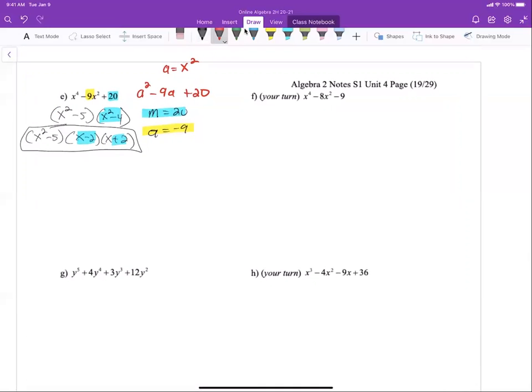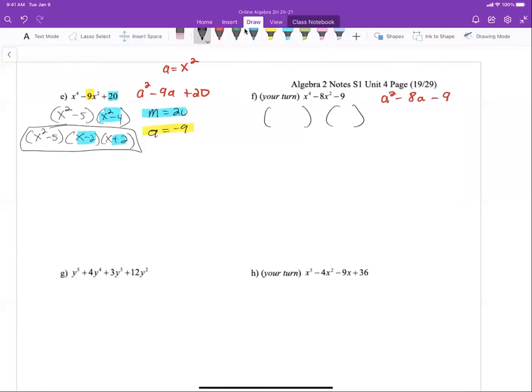Welcome back. This is, again, the pattern where it is quadratic, but it's not quadratic with respect to x. It's quadratic with respect to x squared. And so we will factor that.